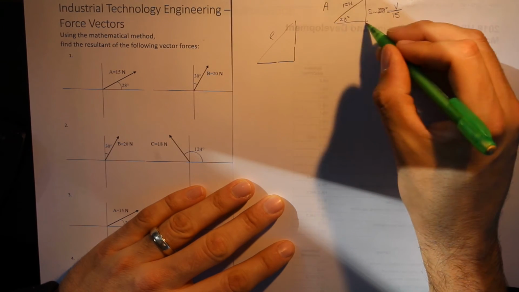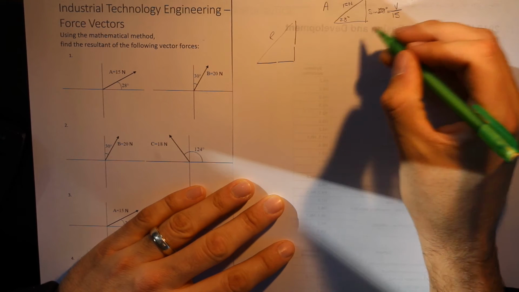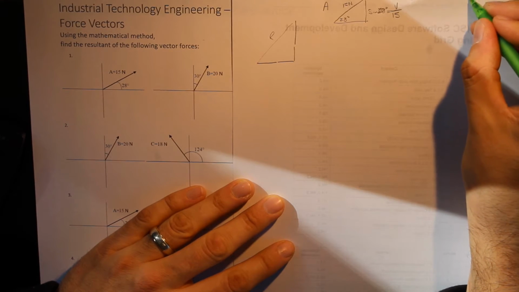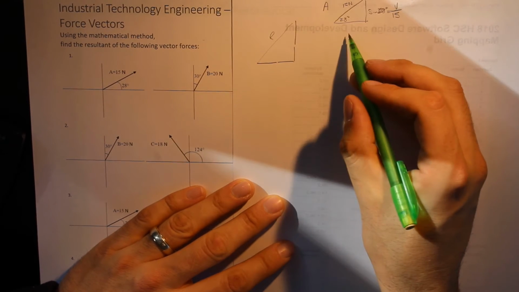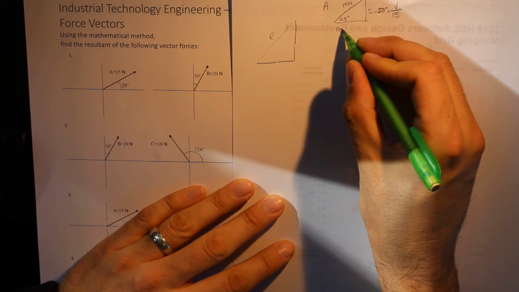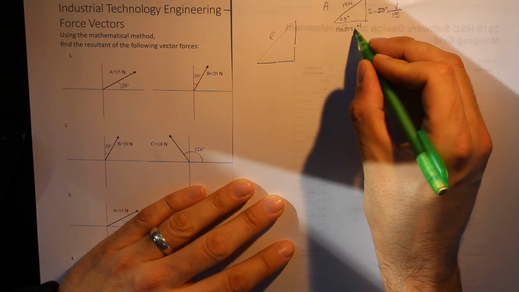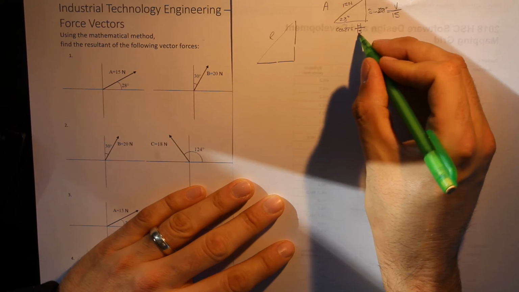And if we're looking at the horizontal, we've got the same situation, except we're dealing with cos theta equals the adjacent over the hypotenuse. So we've got cos 28 equals the adjacent, which is our horizontal component, over the magnitude.